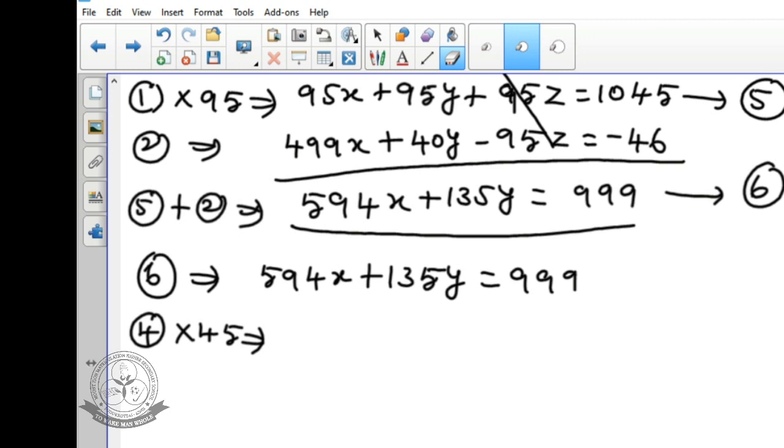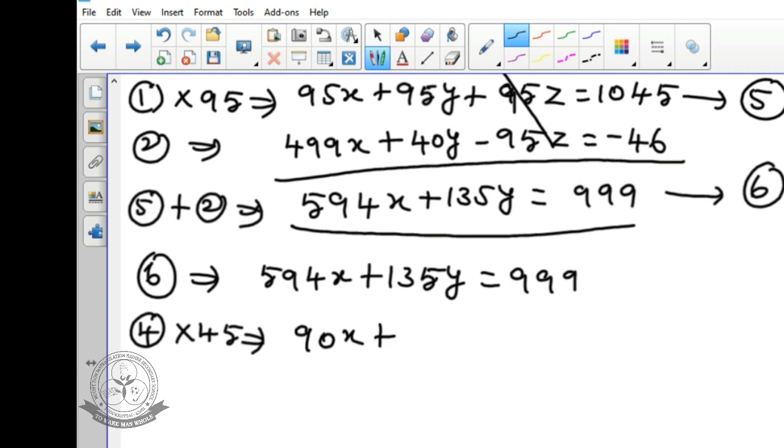So I have to multiply equation 4 with 45, which means I am getting 90x plus 135y equal to 495. This is equation number 7.